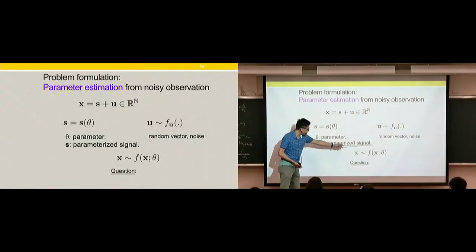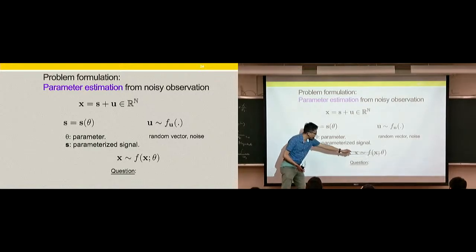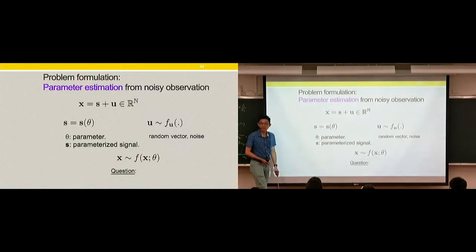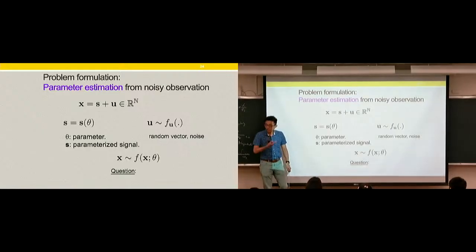So as a result, X is also following a distribution. Okay. Now F_X is the PDF for X. That's our notation. X has this PDF, which is parameterized. PDF is a function over the n-dimensional space. But now that distribution is parameterized. That's the way we formulate this problem.